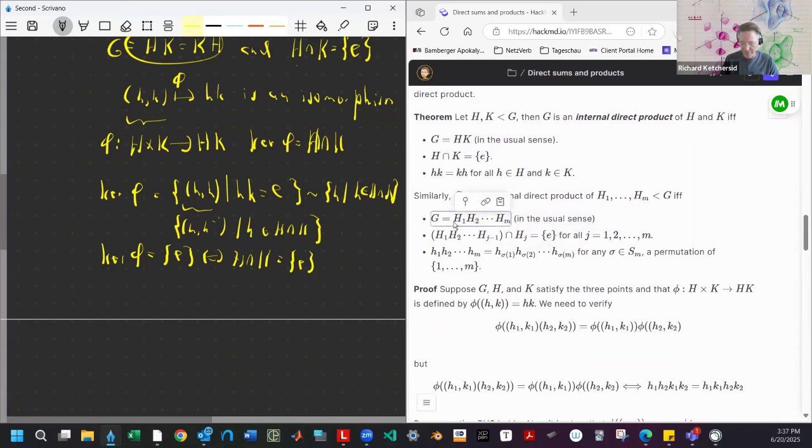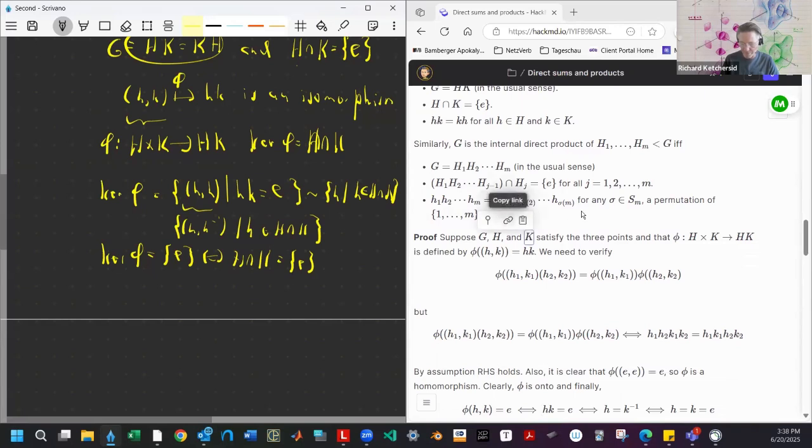We would need to see that G is equal to this product, and that if I take the product of these things and intersect with that thing, I just get the identity. We would also need to see that if we permute 1 through m, those things are equal. It's not full commutativity, it's just commuting between elements of these different subgroups.